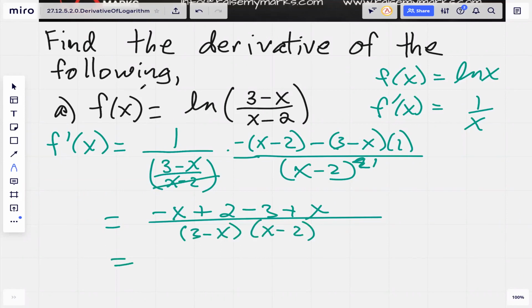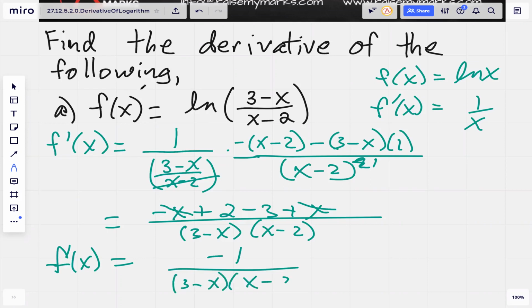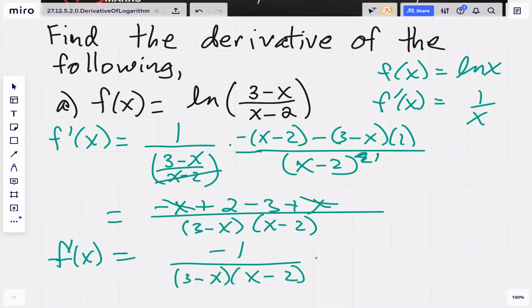And in the numerator, we can cancel out our x's, and we have 2 minus 3, which is negative 1. So f prime of x equals negative 1 over (3 minus x) times (x minus 2). Good. All right, let's see what we have next.